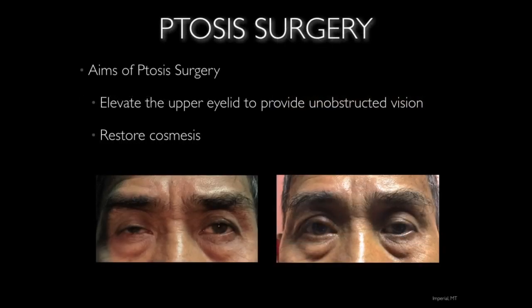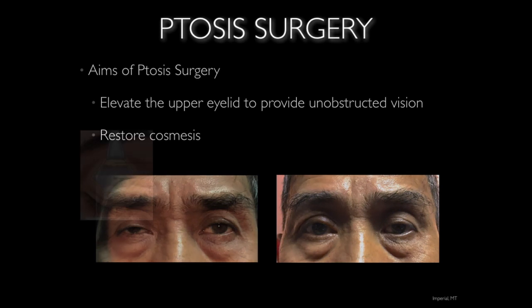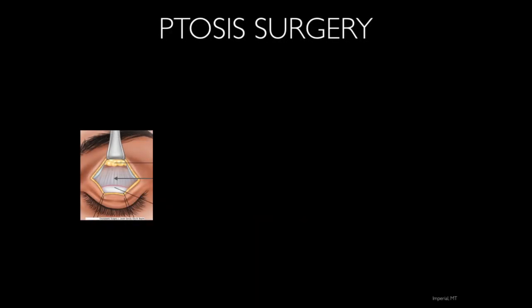Again, the primary goal of performing surgery is to permanently elevate the upper eyelid to provide free, unobstructed vision, and of course, to the delight of our patients, to restore cosmesis. As previously discussed, the main culprit here is the levator muscle. If there is dysgenesis of the levator muscle at birth, we would expect the levator function to be poor.